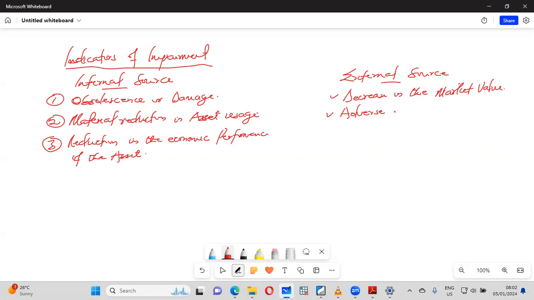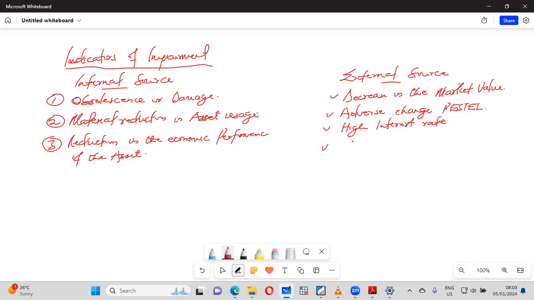So adverse change in the PESTEL, your environment. High interest rates can cause your asset value to come down. And if you are in Ghana at this time, this is what we are going through. Tough time. Because when you are doing the PV of your cash flows, if your discount factor is higher, your values will be low. So that is what is going to happen to you.